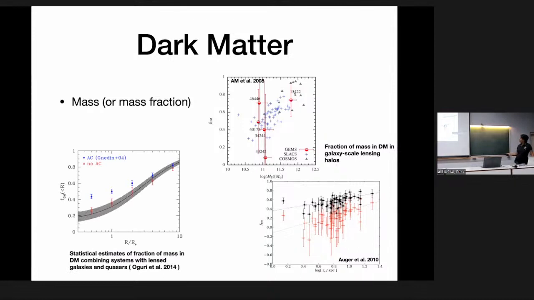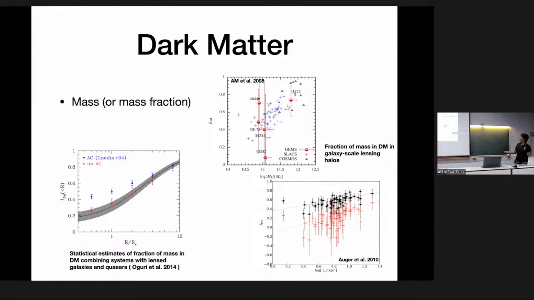Here is another study where a large sample of something like 150 or so lens systems were analyzed to consider additional physics which could alter the dark matter profile.